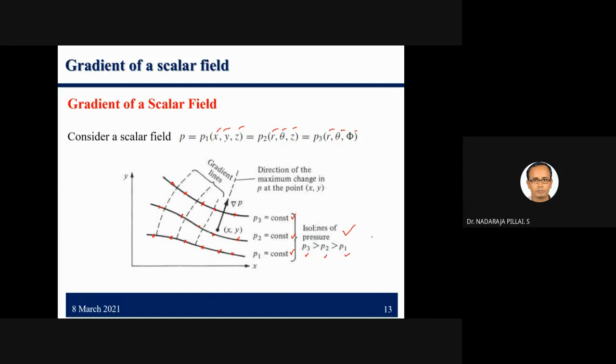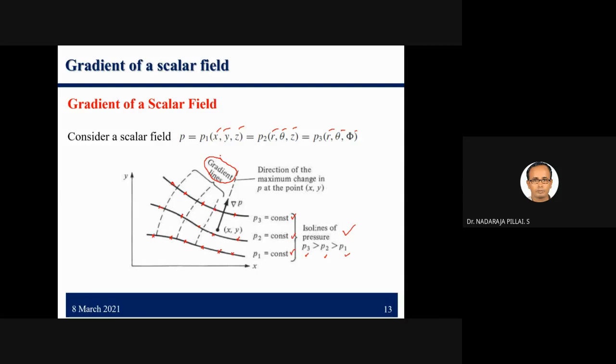Now there are gradient lines. We want to talk about the gradient lines. I told you that in the calculation of forces, moments and all those things, we always consider the pressure difference. Whenever there is a question on aerodynamic force, two things are involved: one is skin friction and the other is pressure. We have discussed that the flow will be from the high pressure region to the low pressure region.